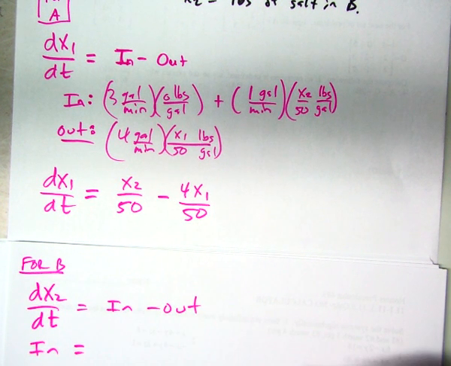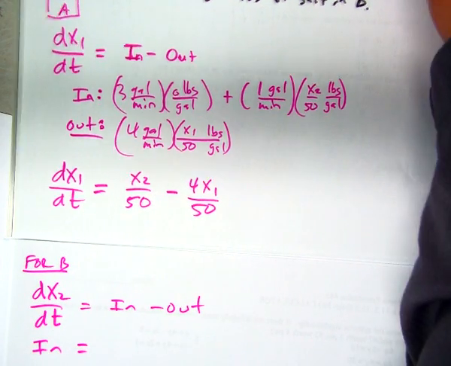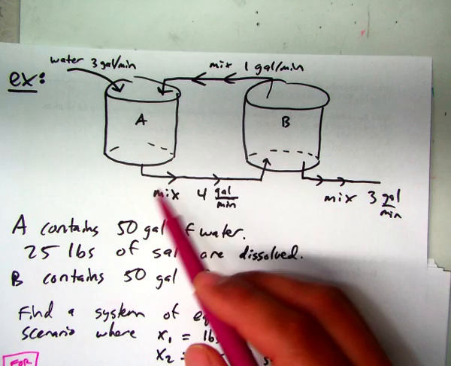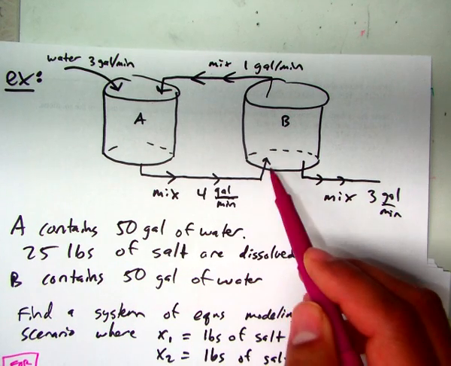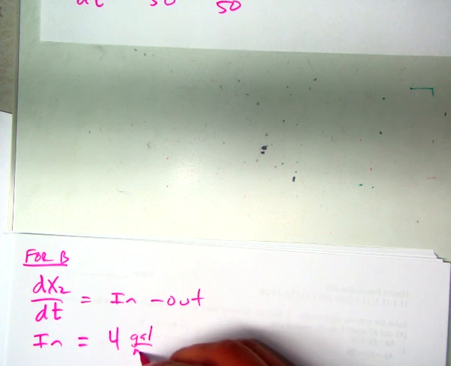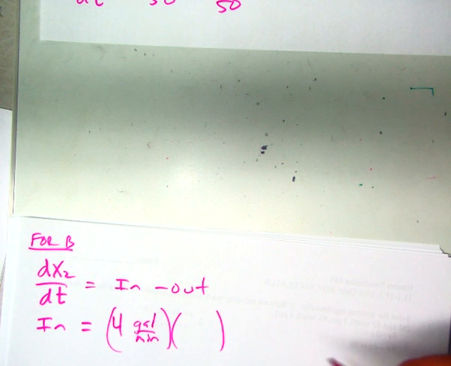In, we have just the 1 coming in from A, so that's a mix at 4 gallons a minute. And what's the salt concentration there?